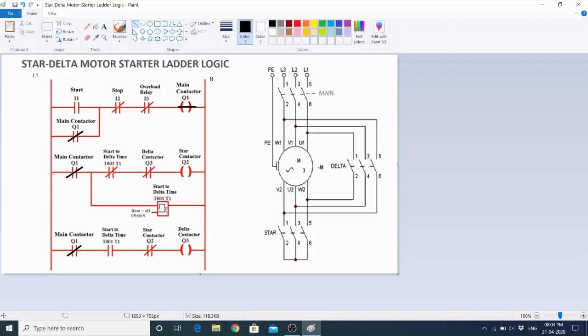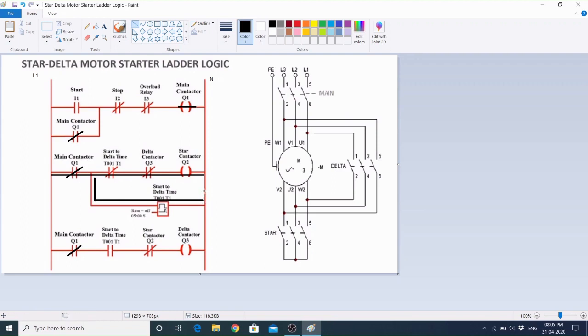Now as this auxiliary contact is closed, the current will flow through this path, like this, and in parallel with the horizontal path the current will flow in this path also.